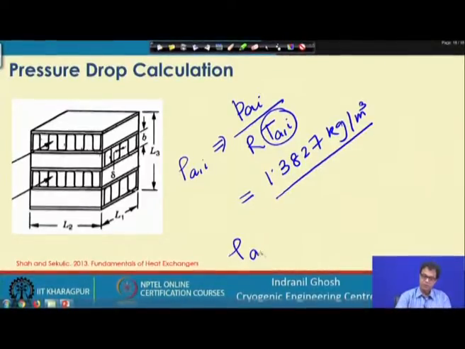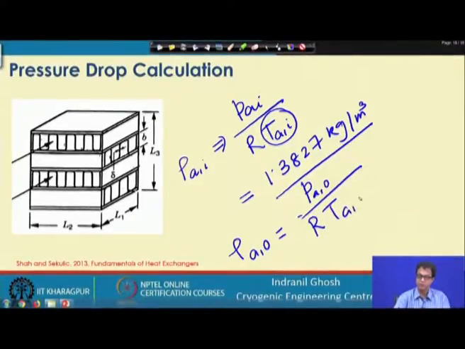Then we can similarly calculate the density of air at the exit, and we will have to assume some kind of pressure drop, but we do not have an idea of the pressure drop, so we need an assumption at this point, and we will assume that the pressure drop is not substantial. So, we will use 110 kilopascal, and then later on we have to rectify ourselves if we are getting a very large pressure drop.